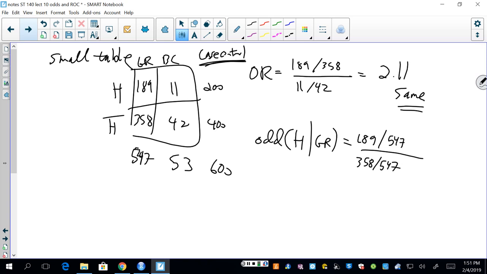The denominators cancel in both cases, and you get 189 over 358 as the odds in this table. That's not the odds in the general population, because it's not random sampling of the golden retrievers. It's sampling too much of that. But once you adjust by dividing by that other one, that disproportionate sampling kind of cancels, and the odds ratio is okay.